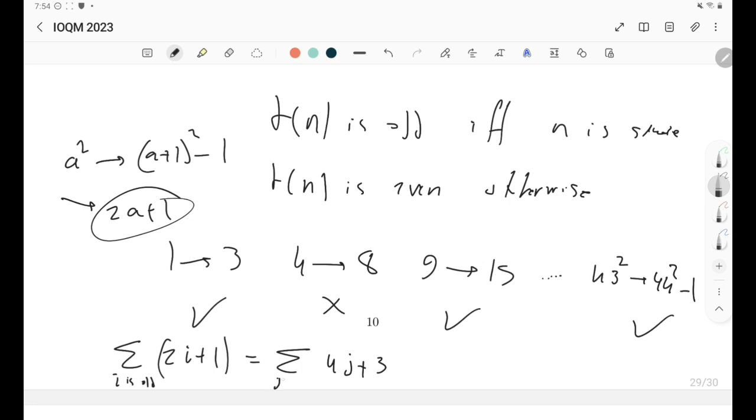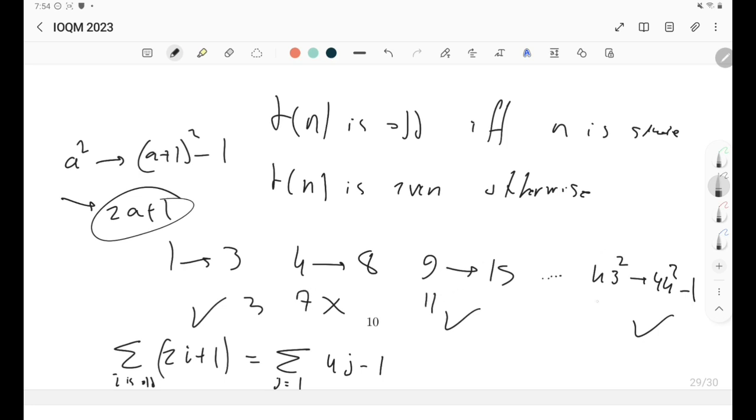Yeah, j from 0 till, okay, if we do it the opposite way, like minus 1, it's going to be better. You can start from 1, and here the last number is going to be what? Here, 3, 7, 11.